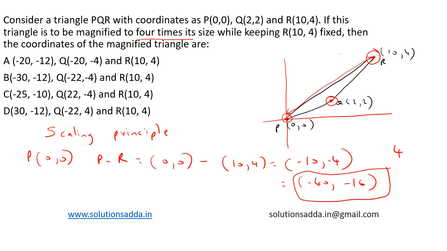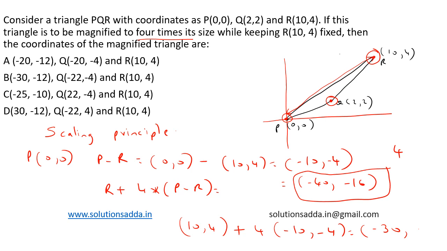Now since this point is fixed at (10,4), we'll add this new coordinate to the existing one. So we'll get our new position for P as R plus 4 times (P minus R), which is equal to (10,4), the initial position, plus 4 times this distance, that is (-10,-4), which is equal to (-30,-12).